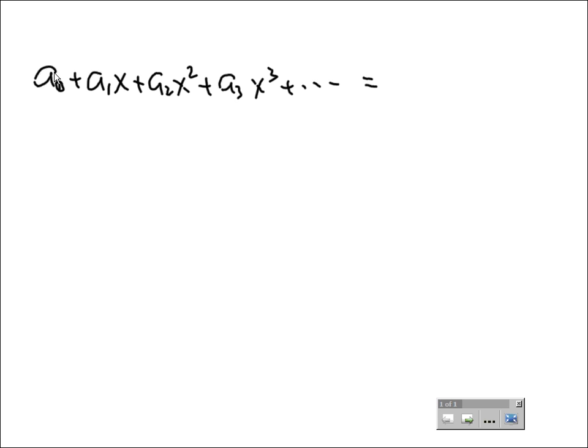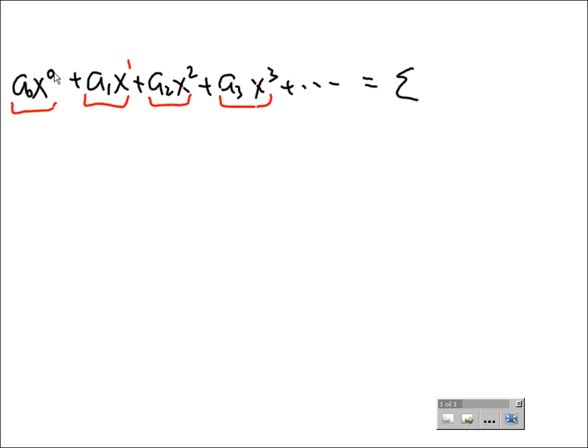Now, if you wanted to write this down in sigma notation, a couple of comments. You need to realize that a sub 0 is the same as a sub 0 times 1, and that's how I'm going to write it. And then the power of x is just 1.